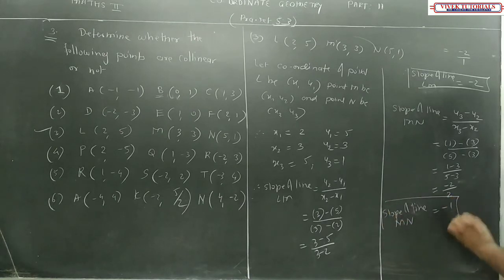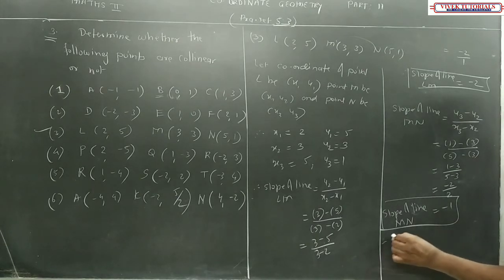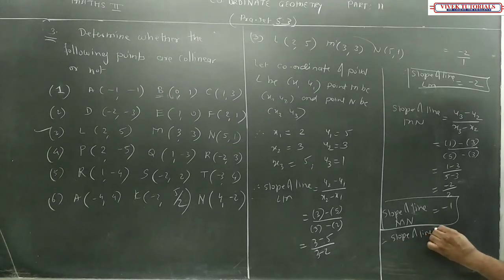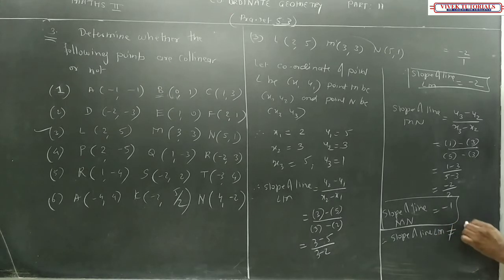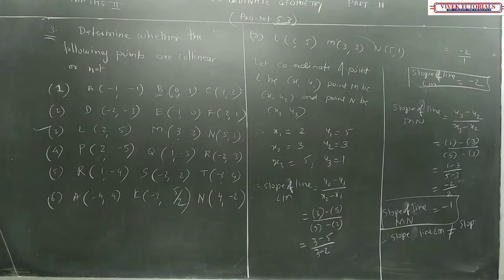This is -2, this is -1, so the slopes are not equal. The slopes are not equal, meaning these points are not collinear. So the slope of line LM is not equal to the slope of line MN.